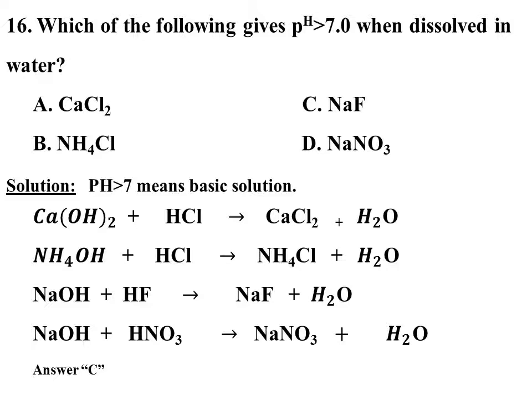D, sodium nitrate is the salt of the strong base sodium hydroxide and nitric acid. Sodium hydroxide is a strong base, HNO₃ also is a strong acid. Therefore, sodium nitrate is the salt of a strong acid and a strong base. This gives a neutral solution. Therefore, the answer should be C.